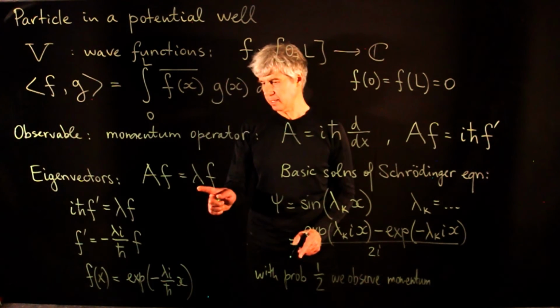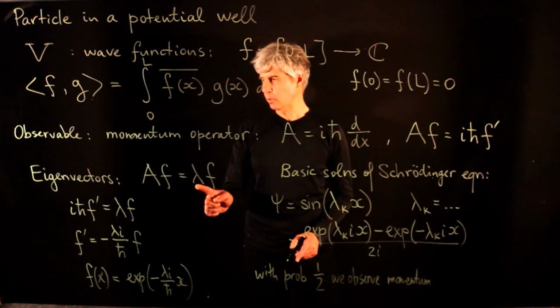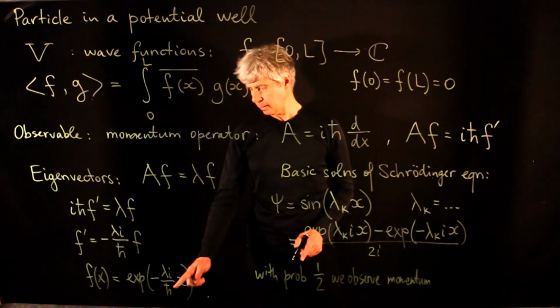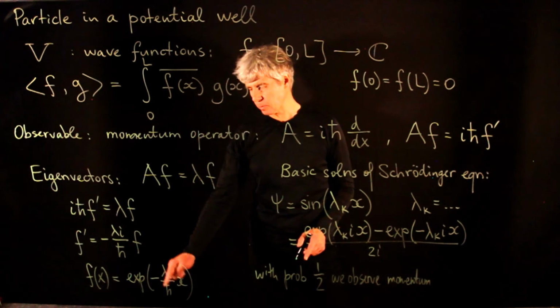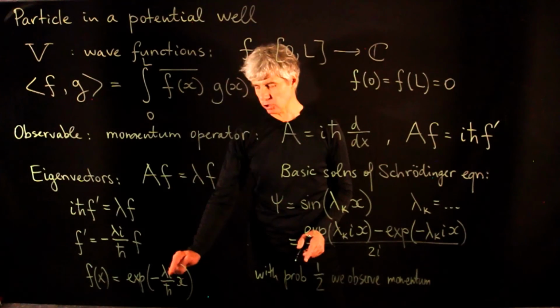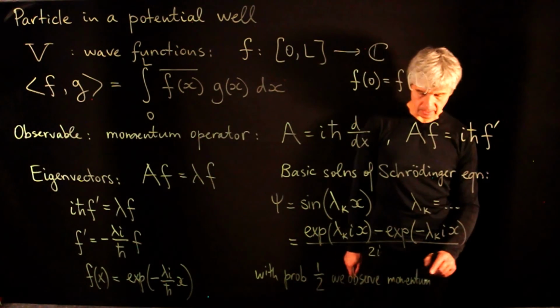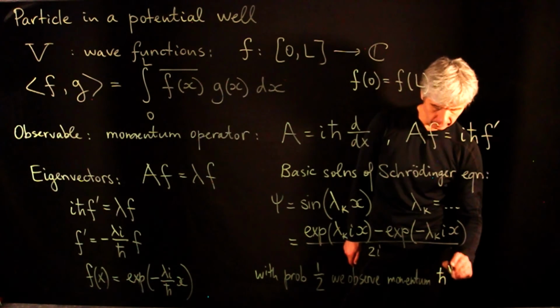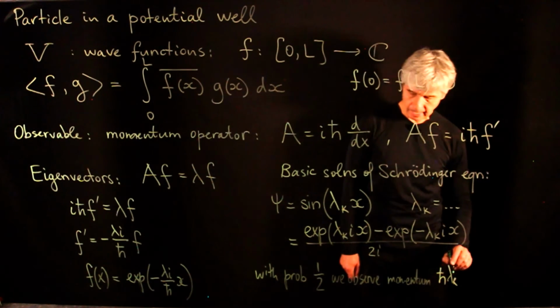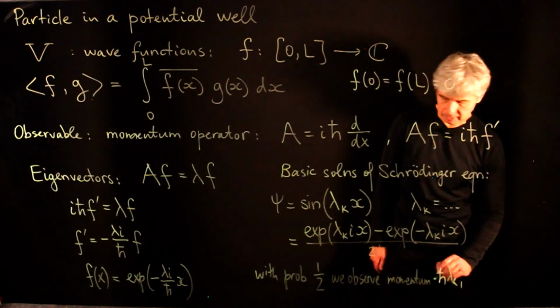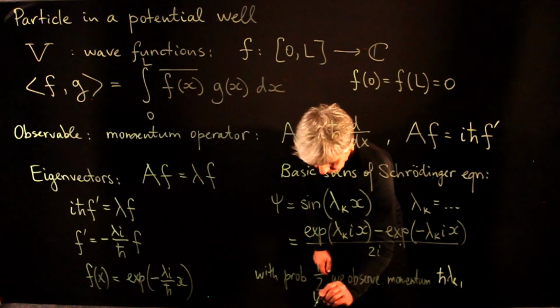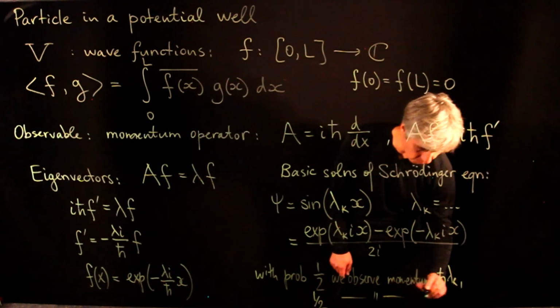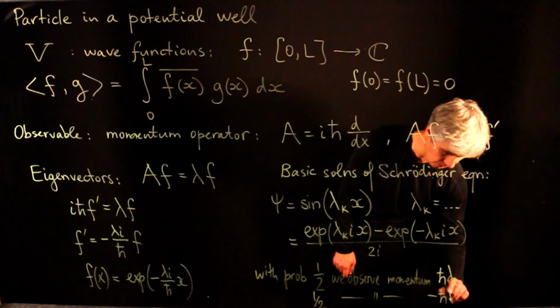So we can see that the eigenvalue of the momentum operator is h times whatever is in this exponential with i. So this means that the observed value of the momentum will be h lambda_k. And so with probability also 1/2, we observe the value minus h lambda_k.